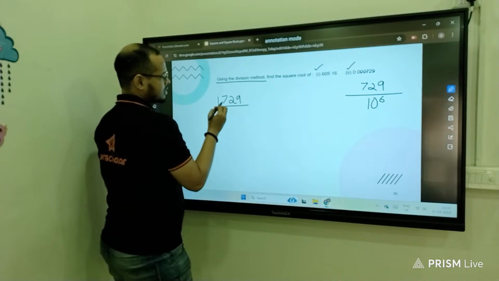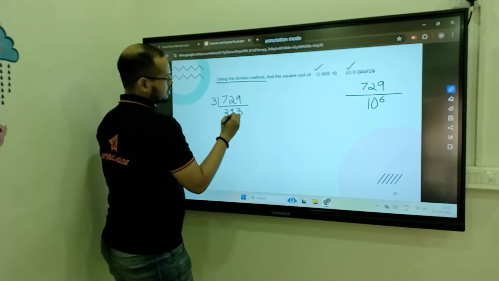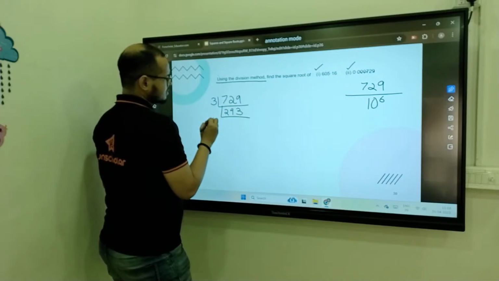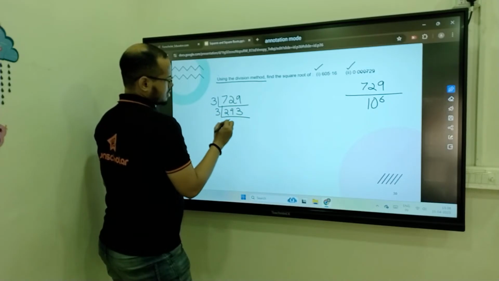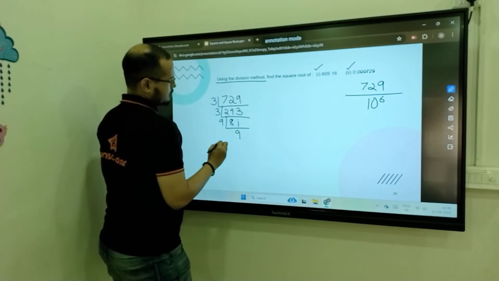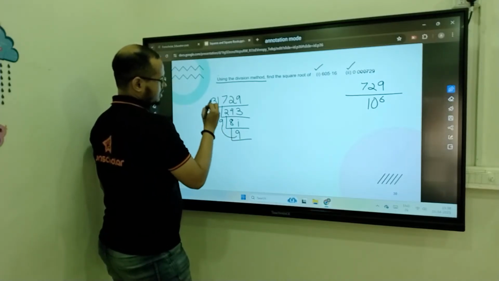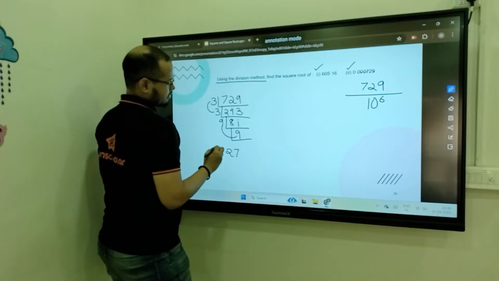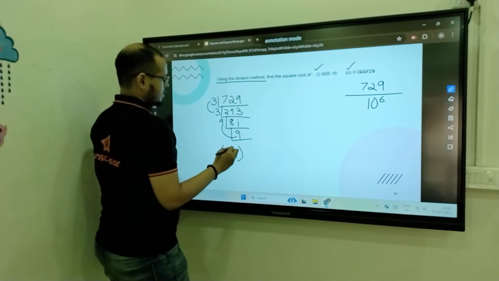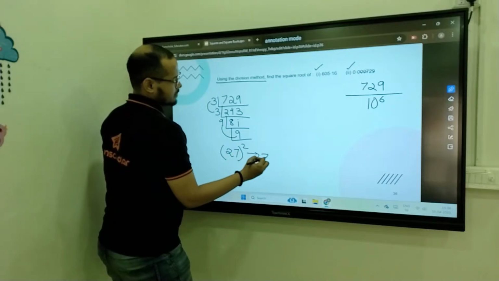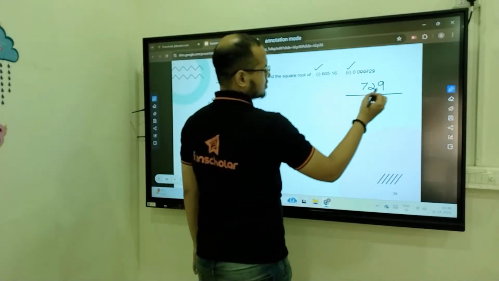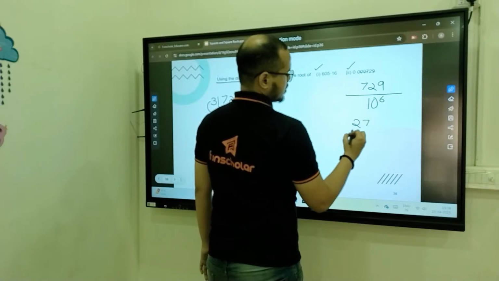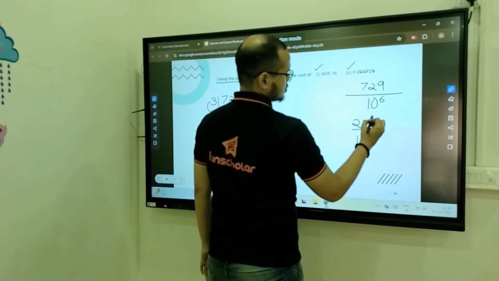What is the prime factorization? So 3, 3 2s are 6, 3 4s are 12, 3 3s are 9, again 3 27s are 81. This is 9 squared, so 9 into 9. Okay, so 9, 9, 3 into 3. So this is 27. 27 square will give us 729. Okay, so 27 by 10 to the power 6, whole square root.